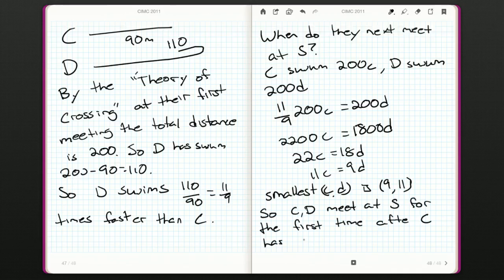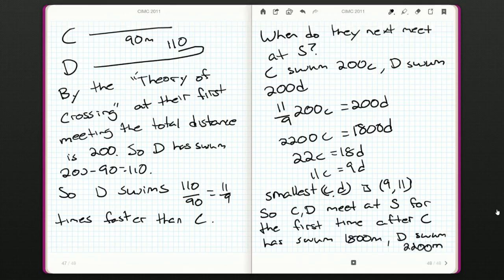So how far have C and D swum? So C is 9 times, so he's going to have swum 1,800 meters, and D will have swum 2,200 meters. So that's the first time they meet at S.